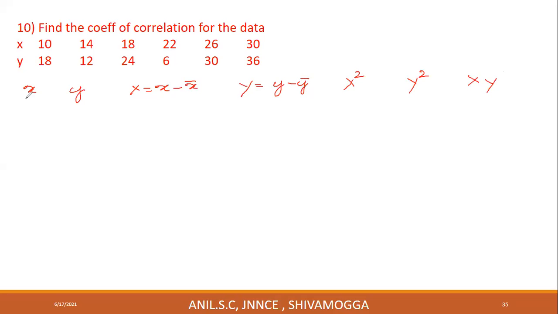Here x takes values 10, 14, 18, 22, 26, and 30. Correspondingly, y takes 18, 12, 24, 6, 30, 36. That is y.